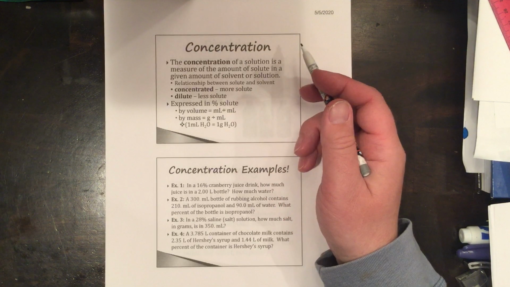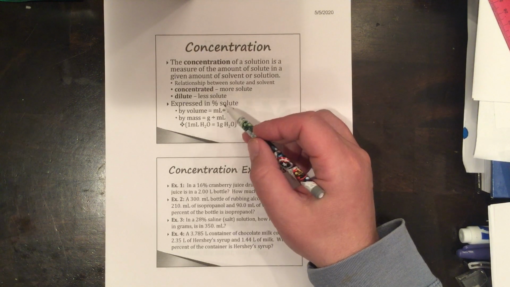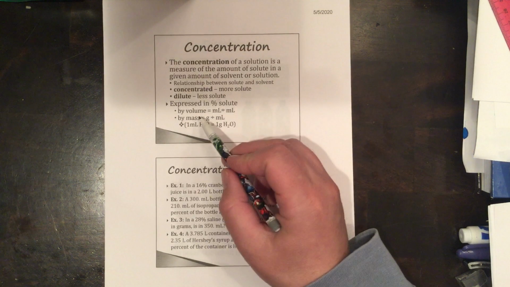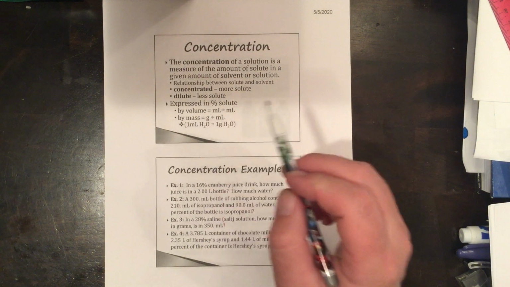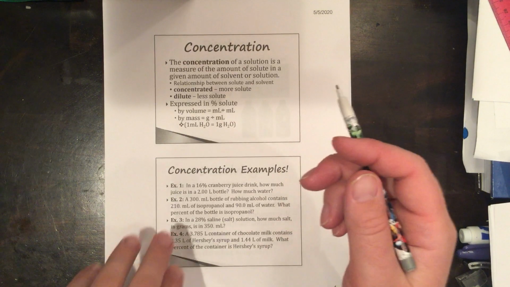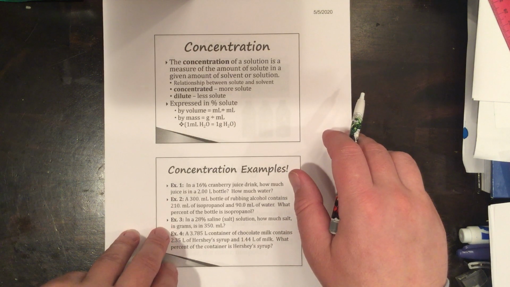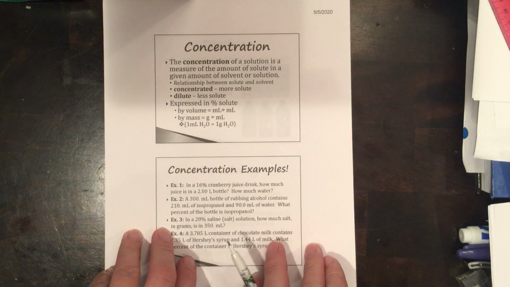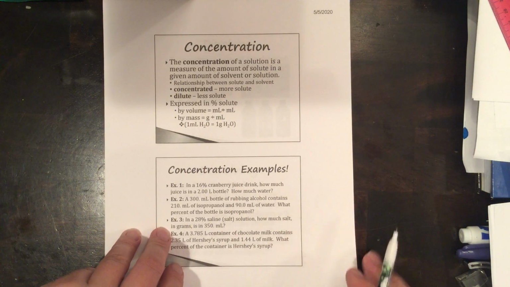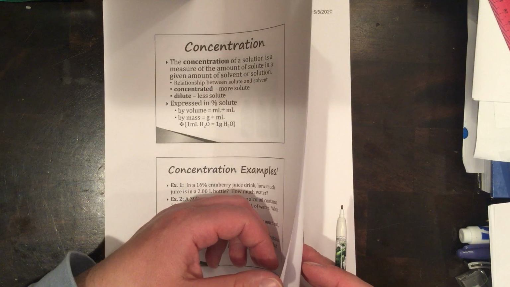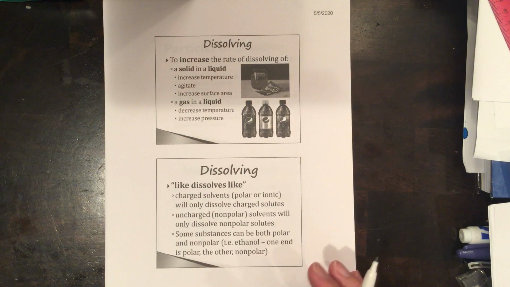Diluted means there's less, okay? And we do this by a percentage, okay? And you see there's 2 different kinds, by volume, by mass, and we'll get to that later. I'll show those calculations in a different video.